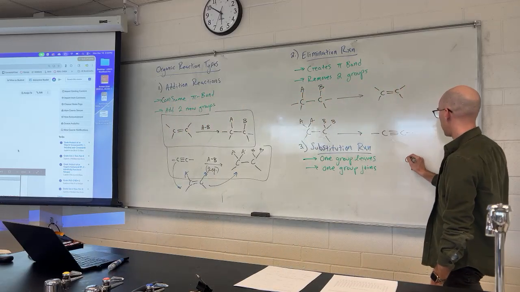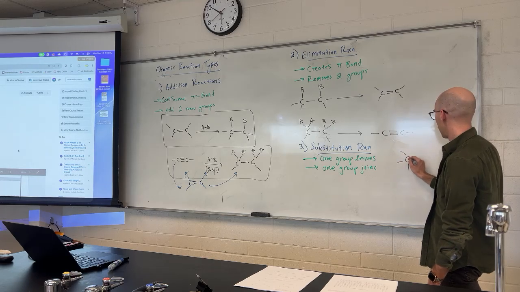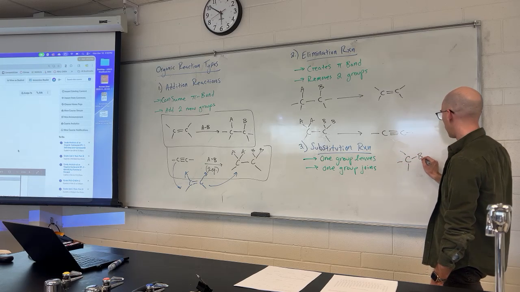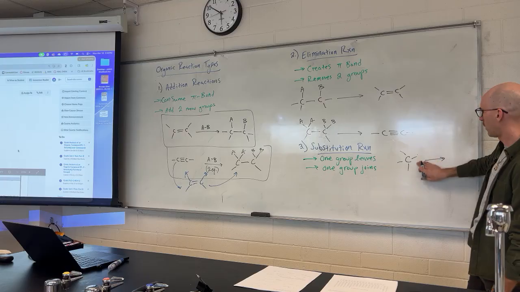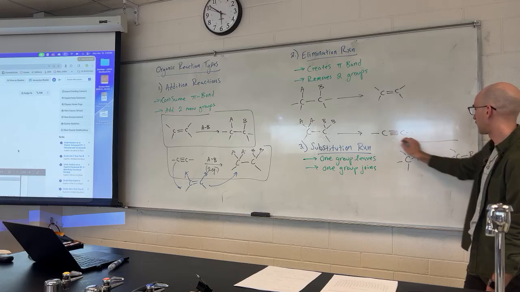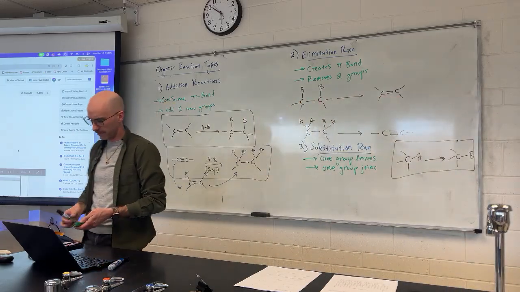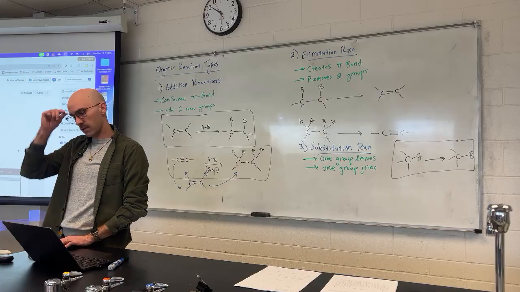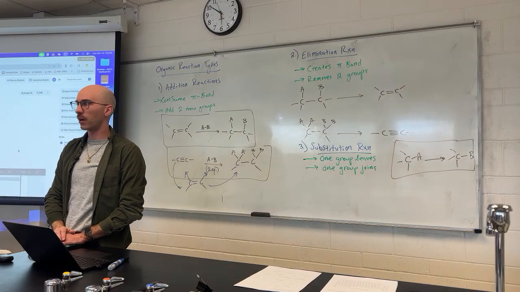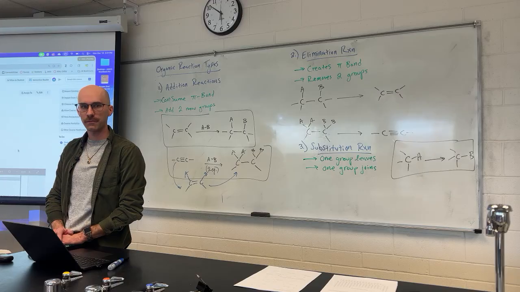If I've got this carbon bonded to a B atom, well, how about an A? And I introduce a new reagent, I can substitute A for B. These are incredibly generic, right? Like the most generic they can be.